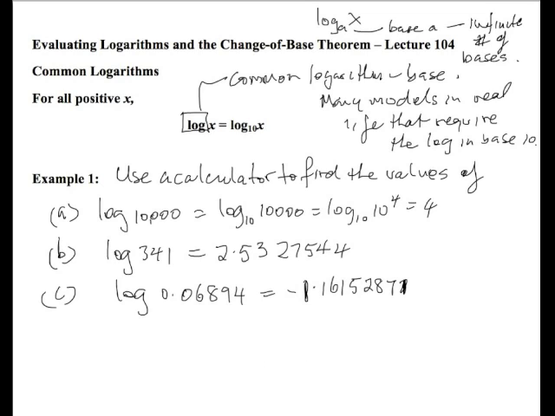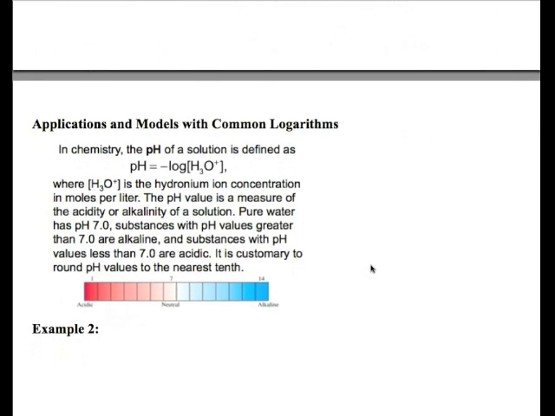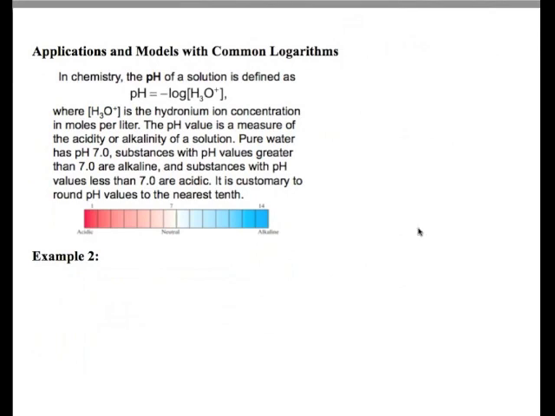Now we next want to talk about some applications of using the natural log. The very first application comes from chemistry, which says that the pH of a solution is defined as pH equals the negative log, notice this is base 10, of H3O plus, which is the hydronium ion concentration in moles per litre.